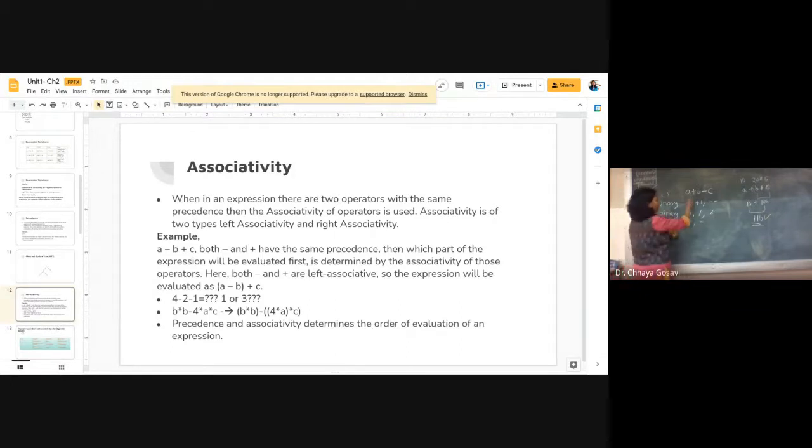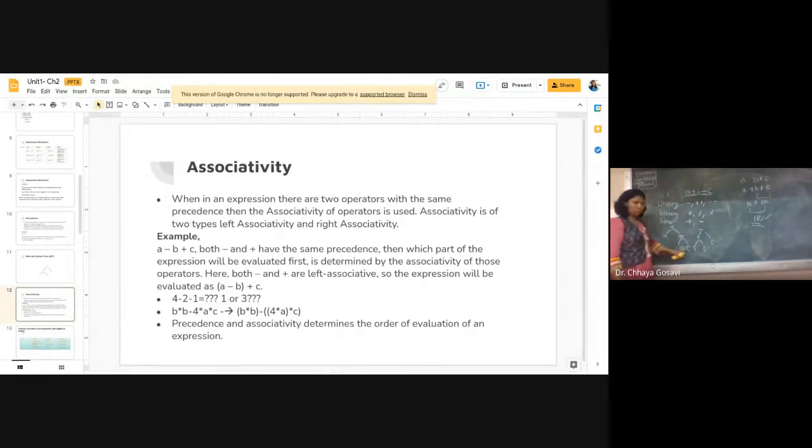And brackets always have the highest priority. So if we have operators with the same priority or same precedence, like A plus B minus C, again here we can evaluate it as plus A, B, minus C, or as minus with plus A, B, C. So we have two abstract syntax trees for this expression, and both will lead to the correct answer.